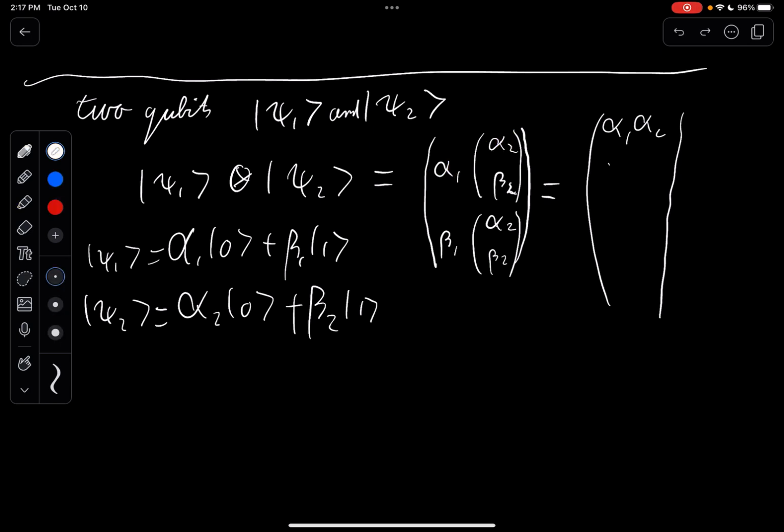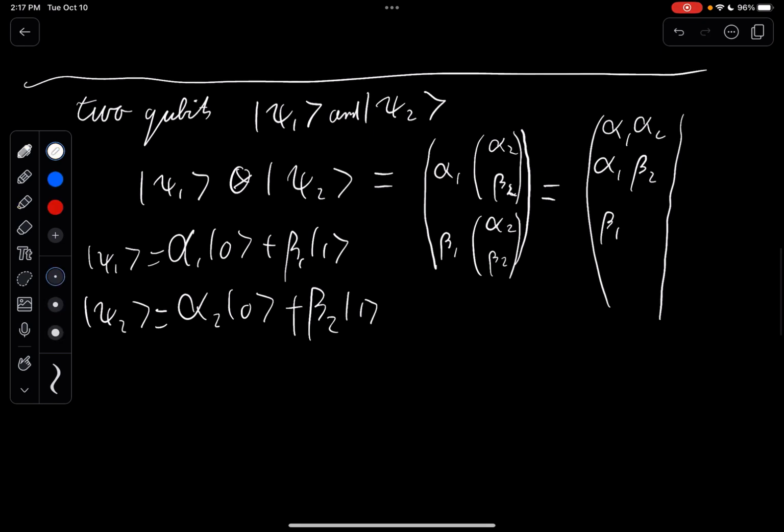Then we have alpha 1 beta 2, which is just this part here. And then the remaining entries are now beta 1 alpha 2, beta 1 beta 2. So this describes the state of two individual qubits, psi 1 and psi 2.